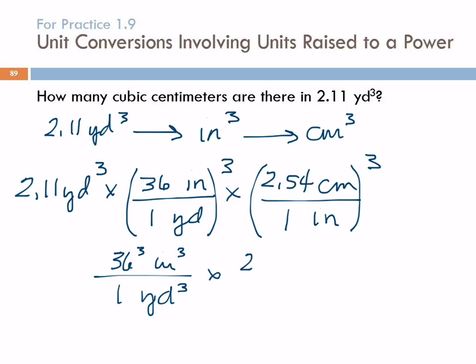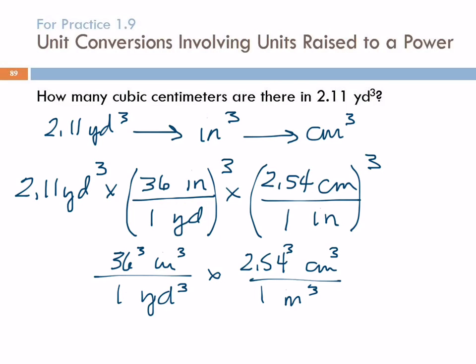And here's 2.54 cubed centimeters cubed over 1 inch cubed. Whatever works for you. You can also just put the conversion factor in there 3 times, if that makes more sense to you. Some ways are faster, but in the story of the tortoise and the hare, the tortoise always wins, right? Slow and steady, and he just keeps going.